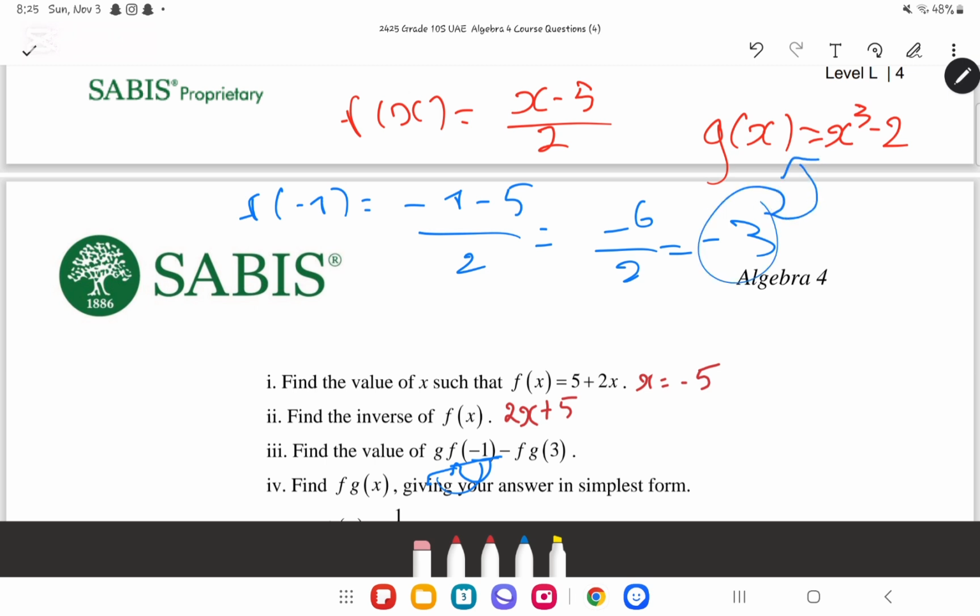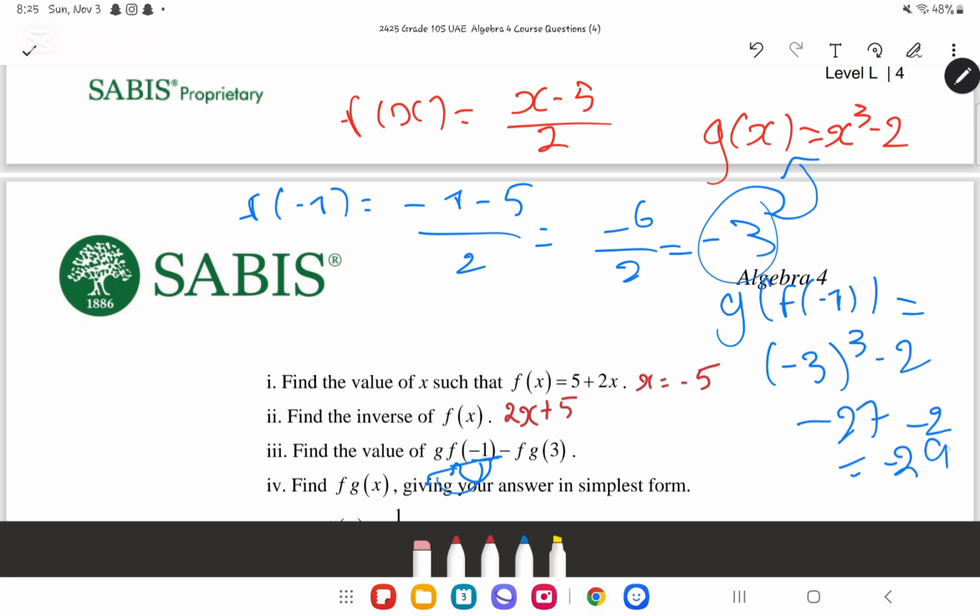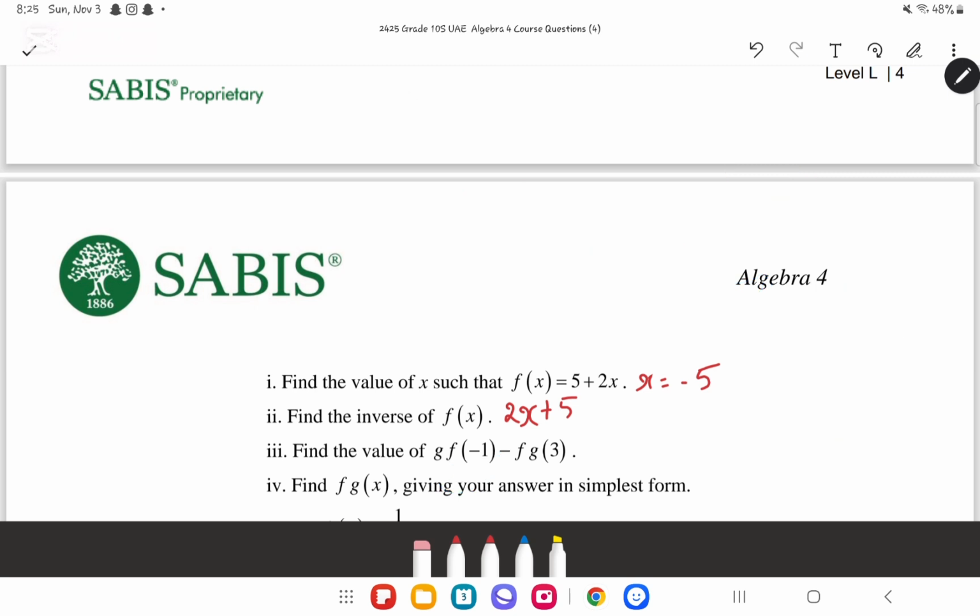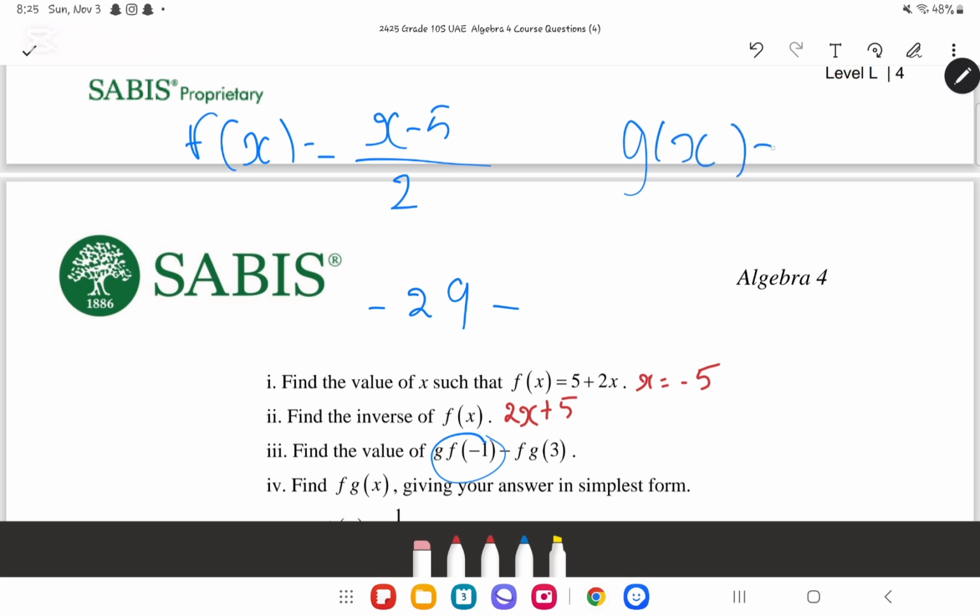Let's now substitute it into gx. So we get that g of f of minus 1 is equal to (minus 3) to the power of 3 minus 2, so minus 27 minus 2, minus 29. So we get, for the first part over here, minus 29. Then again, let's write our functions. fx is equal to (x minus 5) over 2. gx is equal to x to the power of 3 minus 2. So now, to find the fg3, we need to substitute 3 in g, and then substitute our answer in f.